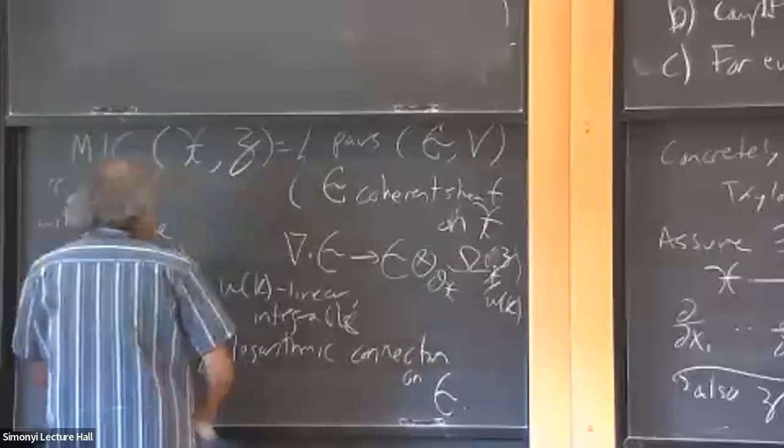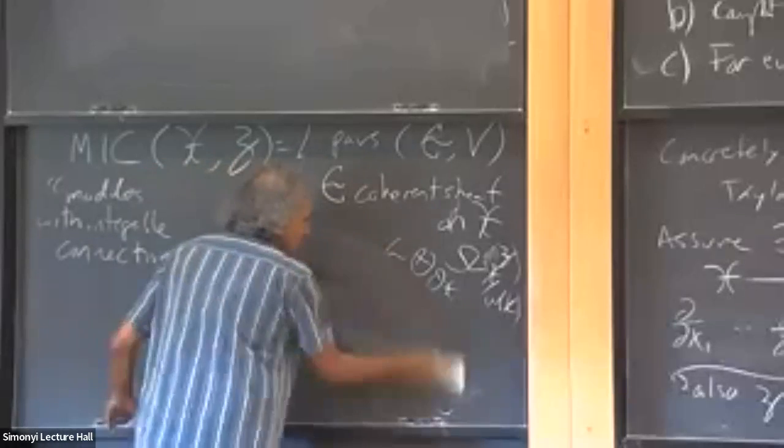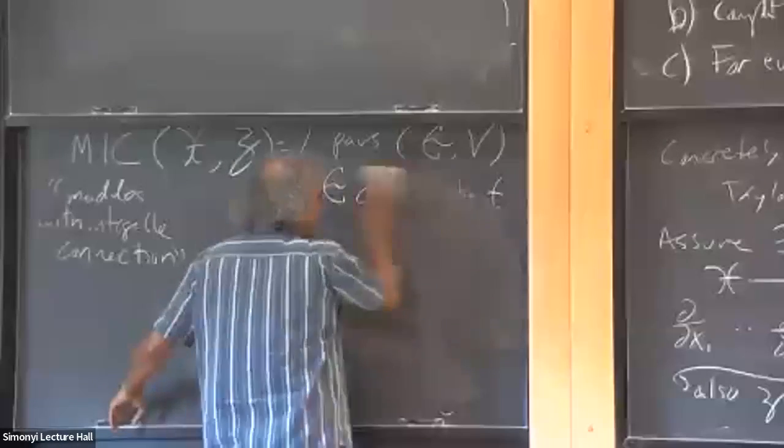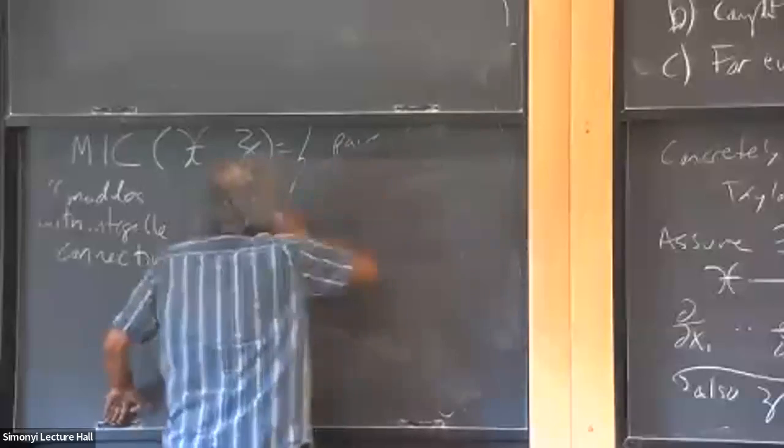But here's the situation I actually care about, and here the answer might be different. What if this whole thing comes from a number field?